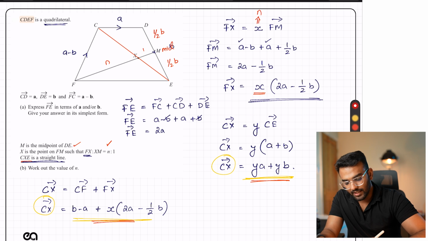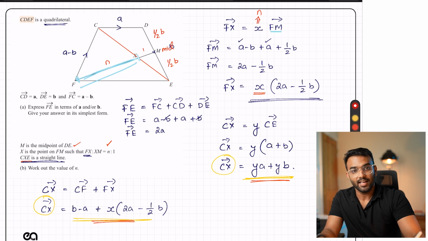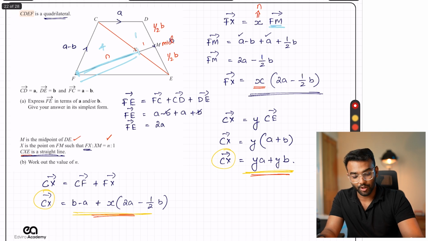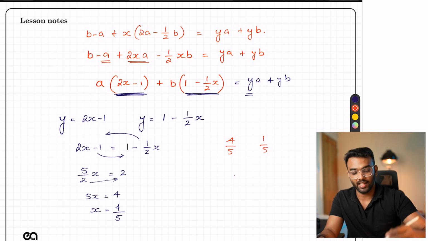Because we took this part to be our x. FX is a multiple of FM. So what would be that multiple here? If this is 4 and this is 1, we would have a ratio in terms of 4 by 5. So 4 by 5 and 1 by 5, correct? And therefore, this could be written as 4:1. So the value of n is 4.